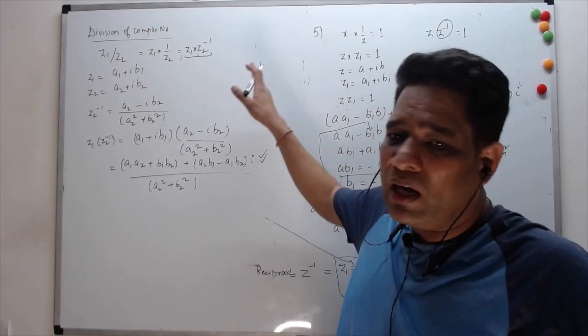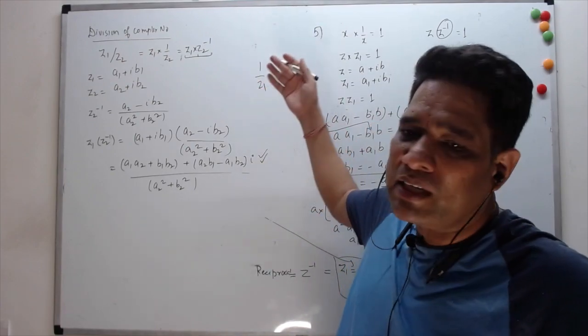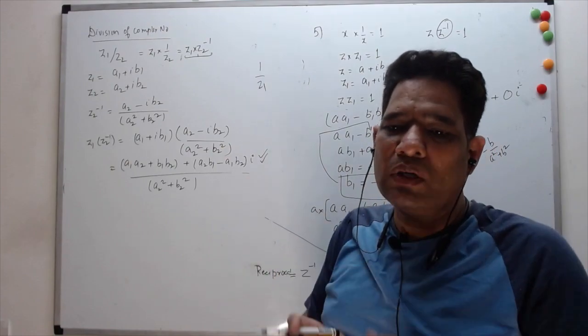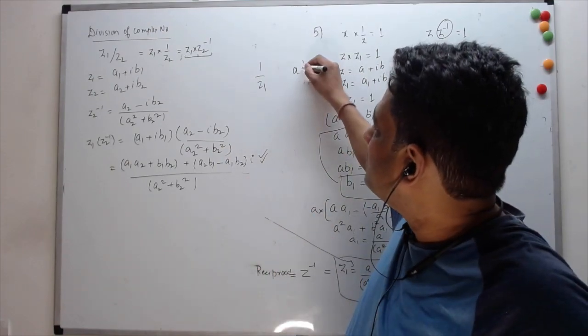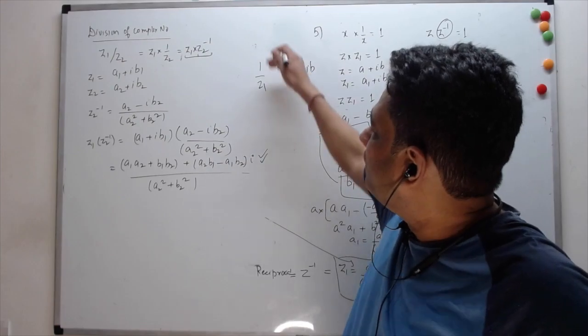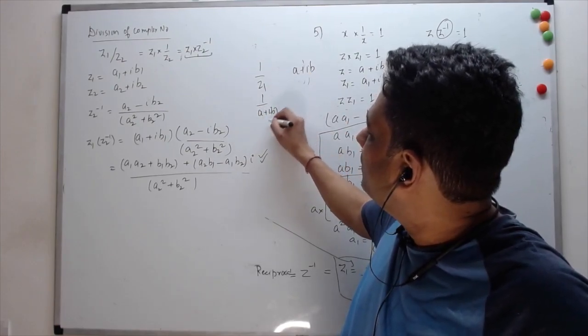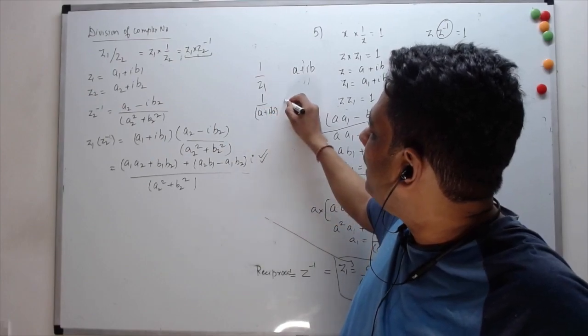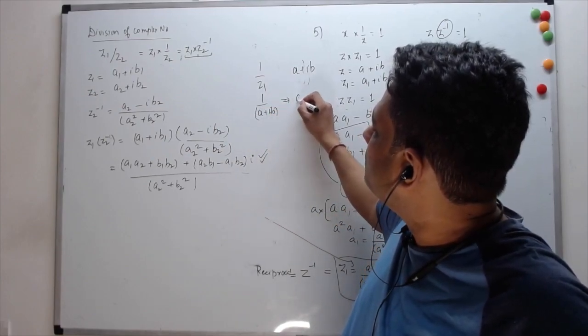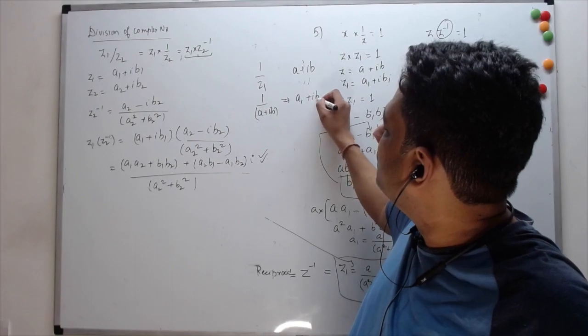So the way out is to present it in a form which is much more relatable, which is a plus ib. So whenever you have 1 over some a plus ib form, you can't just leave it like this. Try and put it into a form which gives you some value like a1 plus ib1.